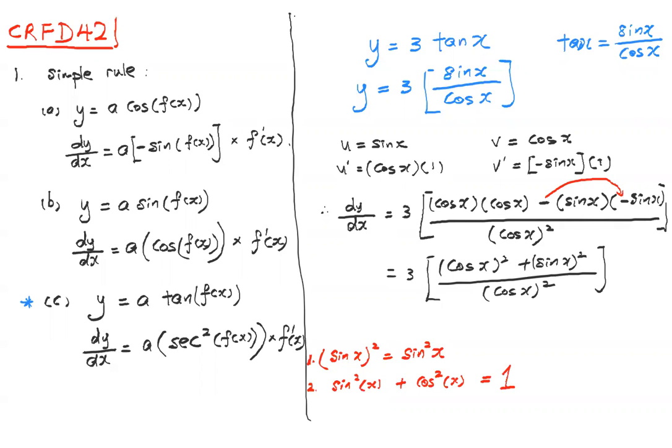So this is another true fact about sin and cos that you must know. Okay, so now I'm going to simplify this and I'm going to write this as 3 times 1 over cos square x. And I write this as 3 sec square x.